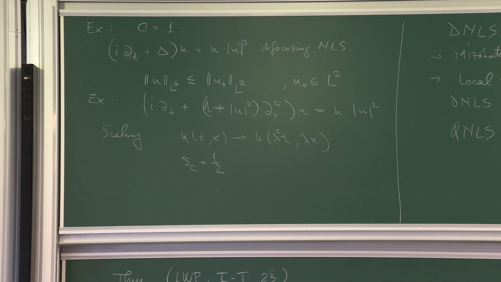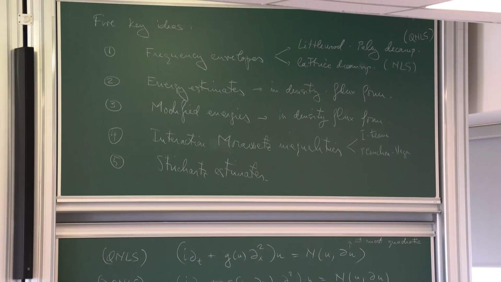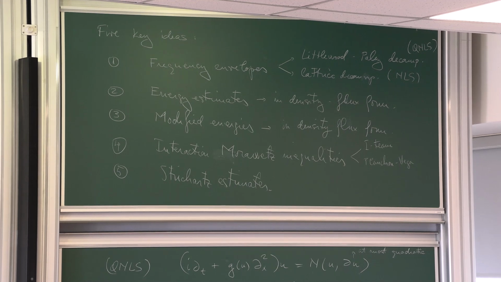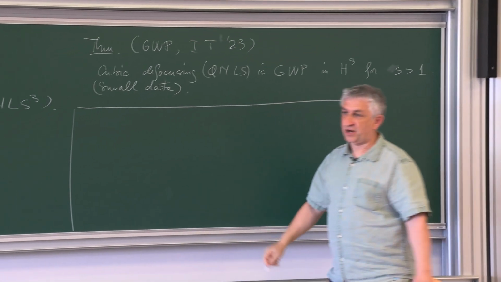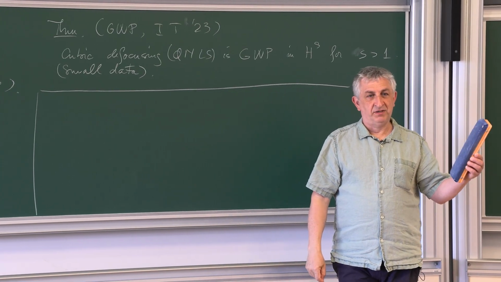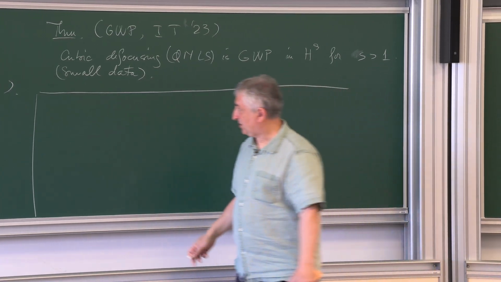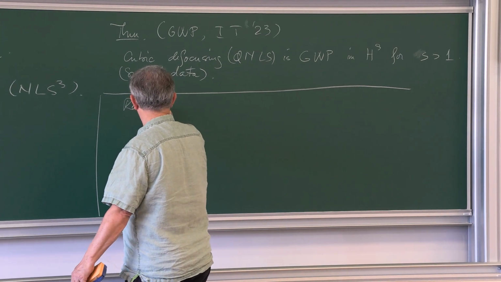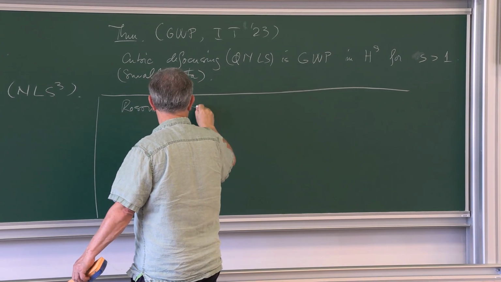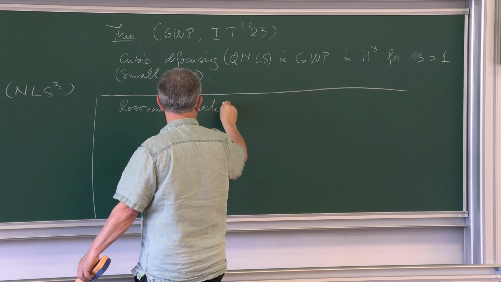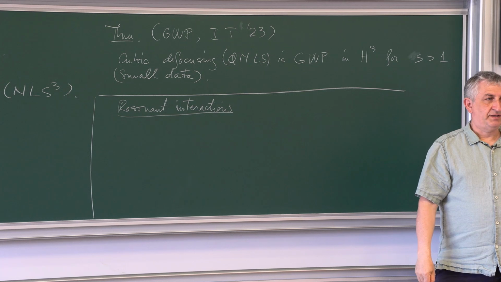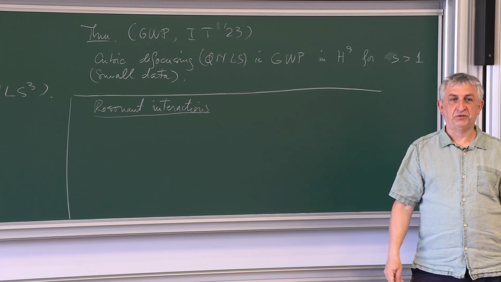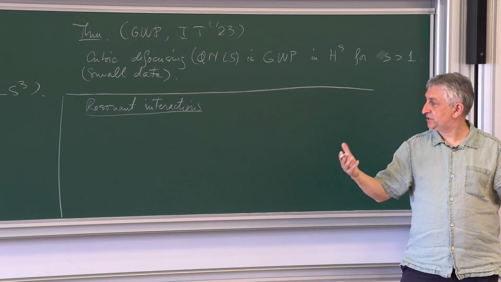And so I want to then go back to our list of key ideas and work our way through them. Before I do that, I want to give you some idea about what are the resonant interactions in this problem, and at the same time set up some notations. Like in any nonlinear equation, when you study global, even local well-posedness, nonlinear interactions, resonant interactions are the enemy.